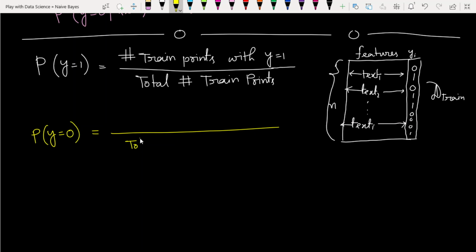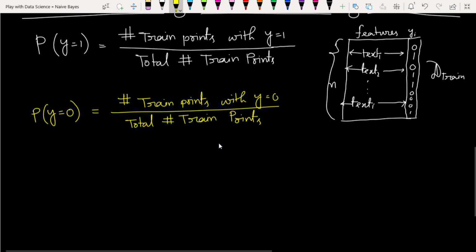So it will be the number of training points with class label 0 over the total number of points.